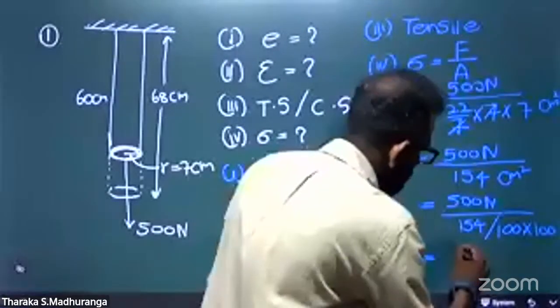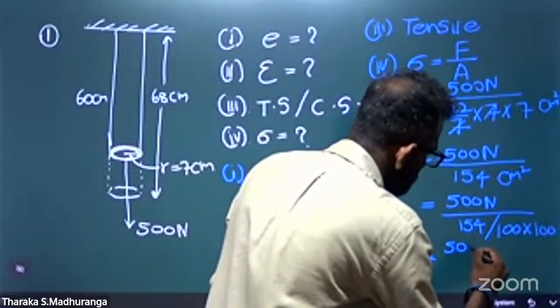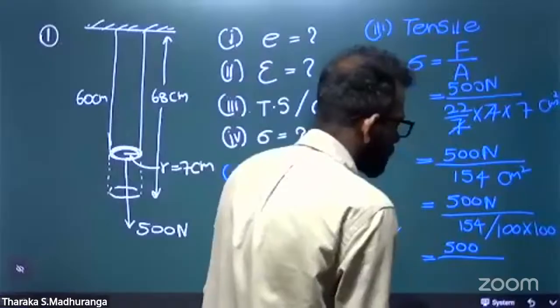Then 500 over 0.0145, you can use calculators now.